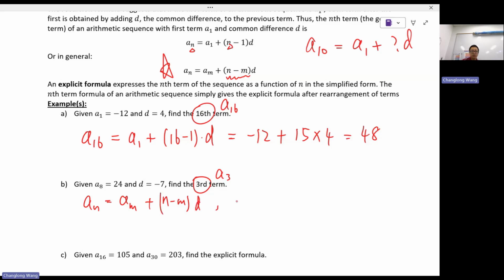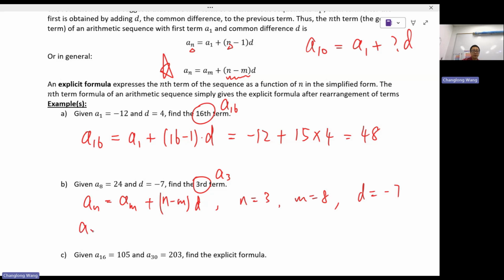So in this problem, take n to be whatever term you want. It will be the third term, so n is 3. The starting point, let's take m to be 8. And the common difference is negative 7.